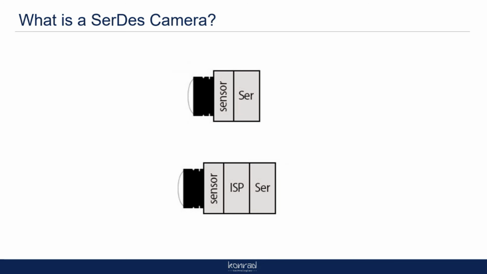They put an ISP or a processor in line, so direct from the sensor they're putting it into a chip and doing something with the data before they serialize it. These are the 2 main types of SerDes cameras. The key part is you're taking data, whether it's been processed or not, and serializing it, so you can take it out over a different physical layer and run it through really long cables, for instance.